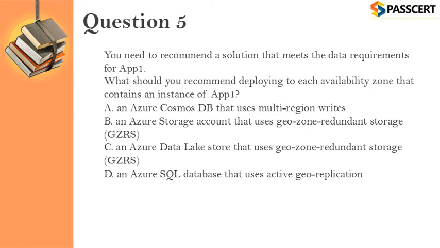B. An Azure Storage account that uses GeoZone Redundant Storage, GZRS. C. An Azure Data Lake Store that uses GeoZone Redundant Storage, GZRS. D. An Azure SQL database that uses active geo-replication. Answer: A.